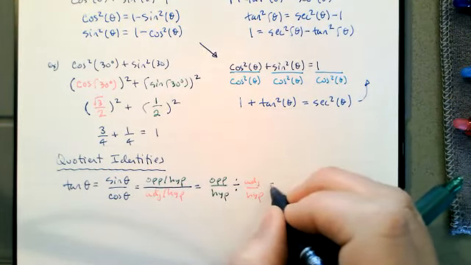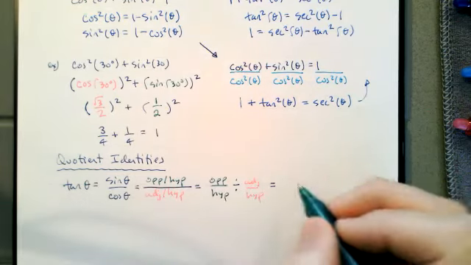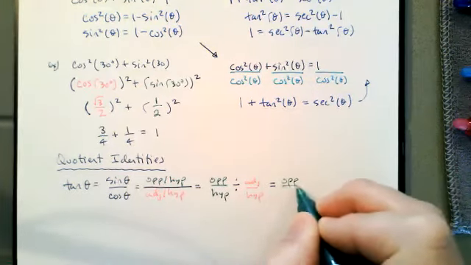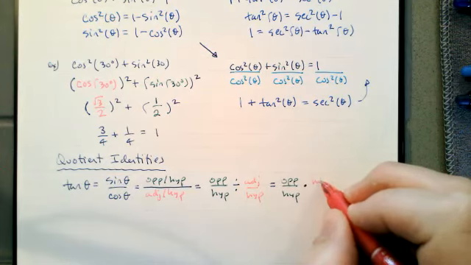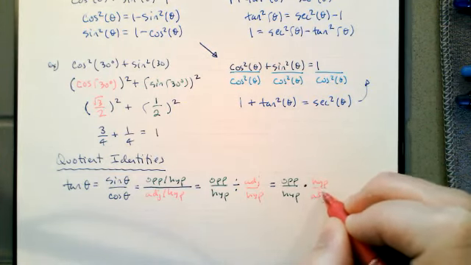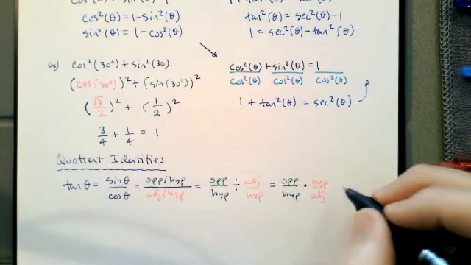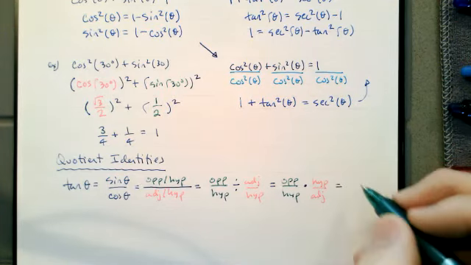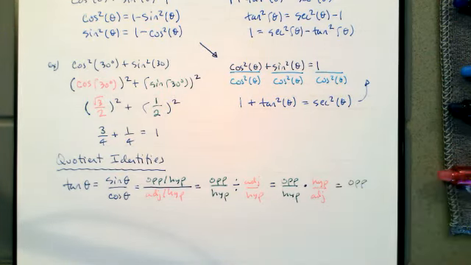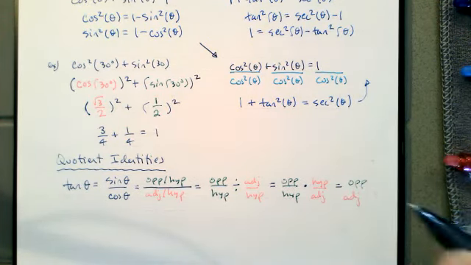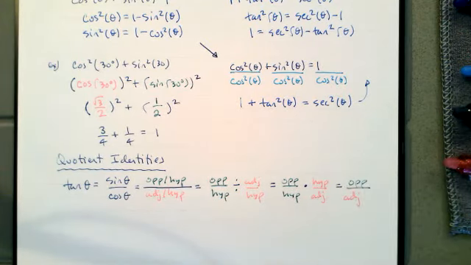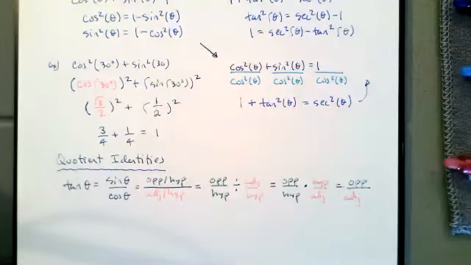Not because fractions, because numbers. And that tells us that tangent is opposite over adjacent, which we already knew, but now we can see how opposite over adjacent is just the quotient of sine and cosine.